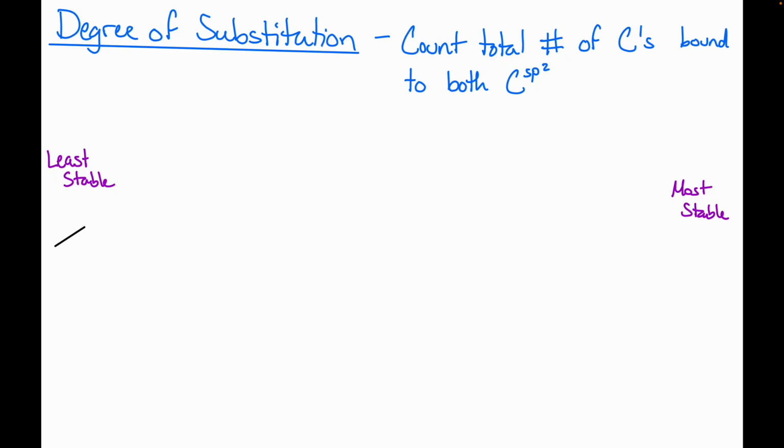The least stable would be one of those terminal alkenes. So we're going to keep all of our examples here 6 carbons long. If I stick that carbon-carbon double bond on the very end, we would call this a monosubstituted alkene.